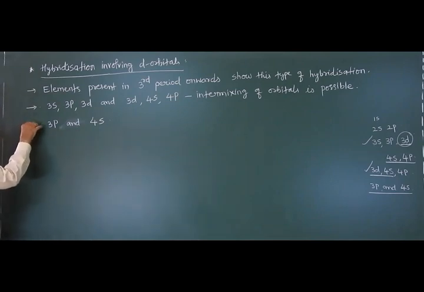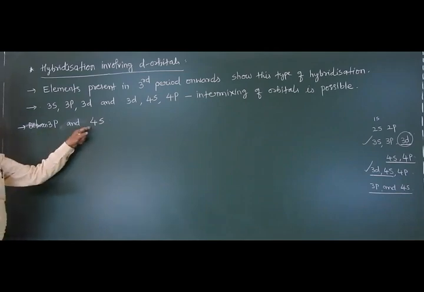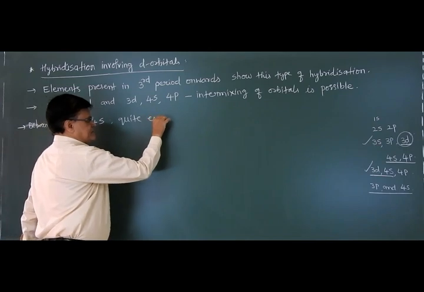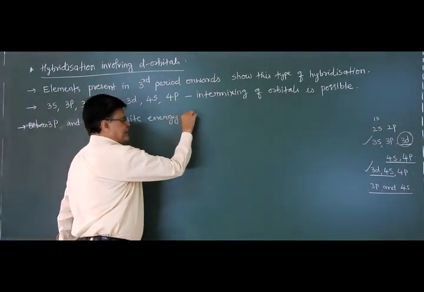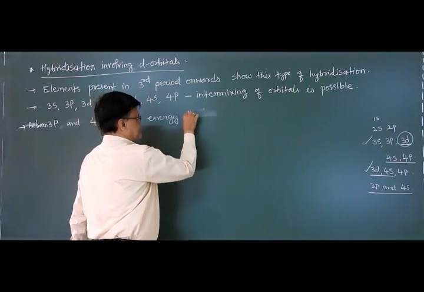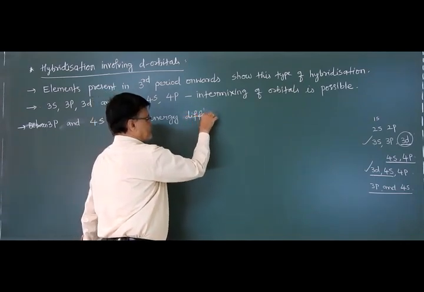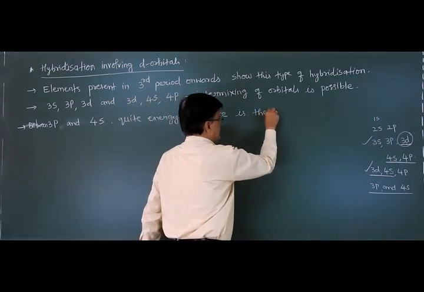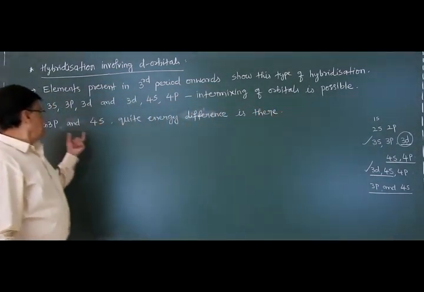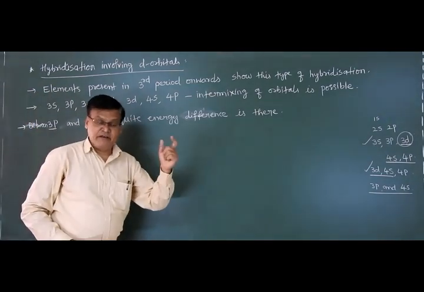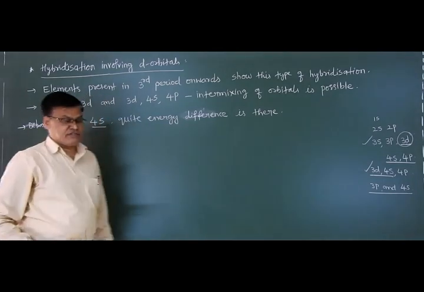Between 3p and 4s, quite an energy difference is there. Right? Between 3p orbital and 4s orbital, the energy difference is there. We cannot intermix such orbitals.